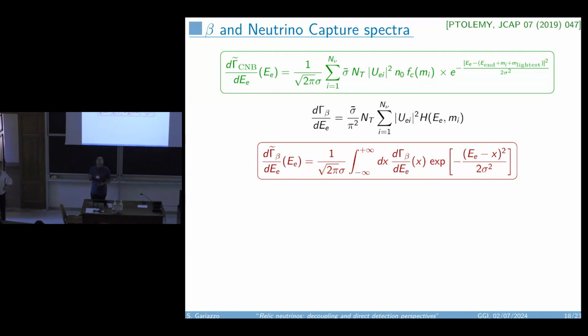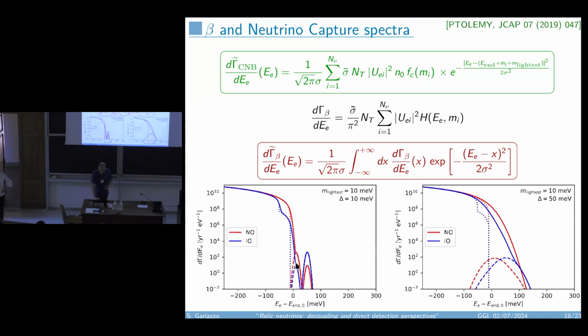There are just some models, for example, where the heaviest neutrinos decay to the lightest one. In that case, it's maybe possible to detect them, but probably not with this technique, because if the lightest neutrino is, for example, stable and it has a 0 neutrino mass, then it will just be at the same energy as the endpoint of beta decay. And of course, even if we have a very good energy resolution, it's not possible to distinguish which neutrinos are what. In that case, the possibility is actually to use asymmetries.